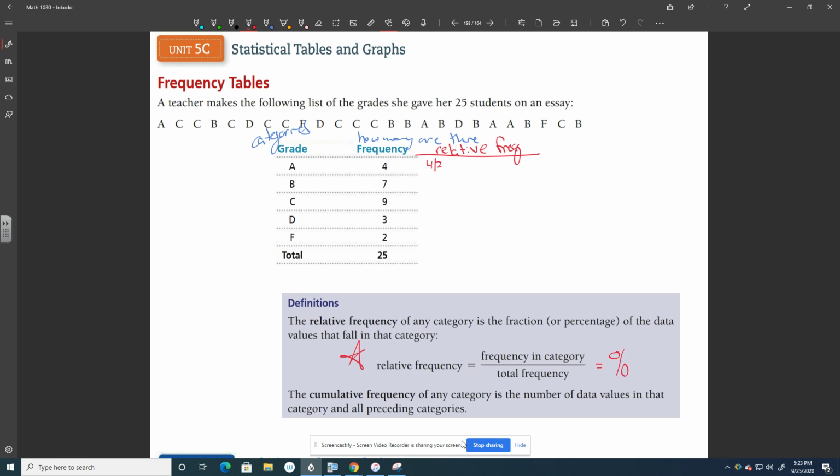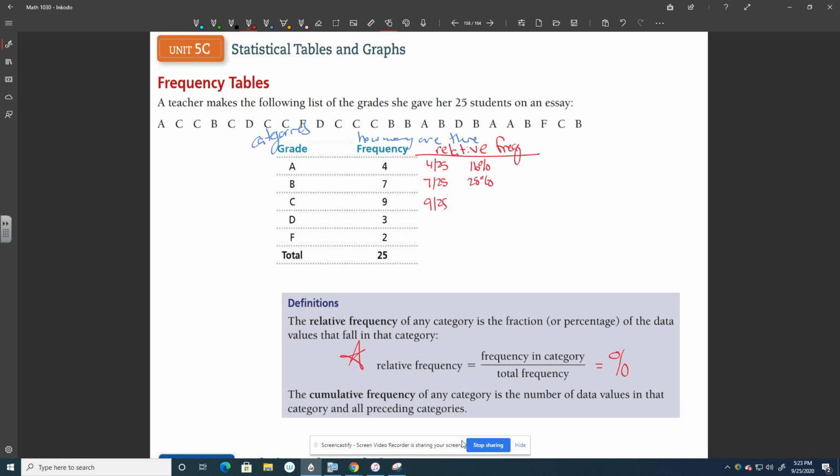So 4 out of 25 are A's, which means 16% are A's. Okay. B's, there are 7 out of 25 of them that are B's. So that means what? 28% got a B, and 9 out of 25, and so on and so forth.